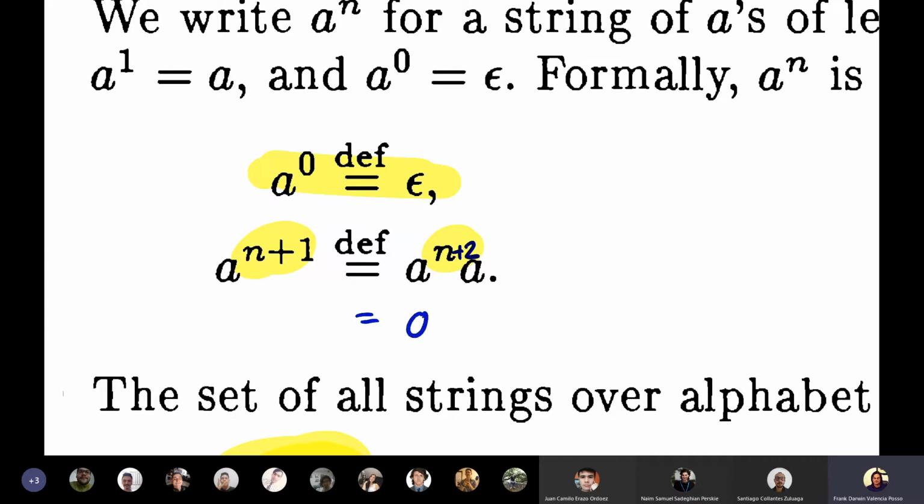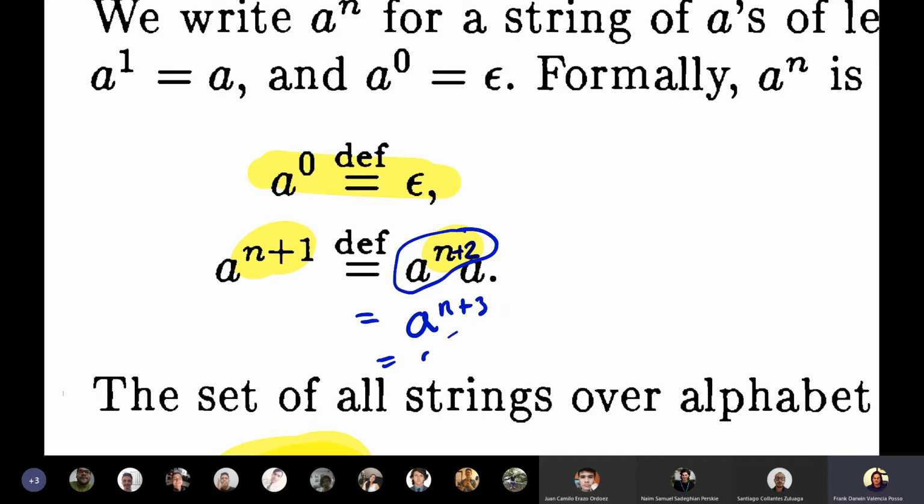So the problem is you keep rewriting this, then this will be n, so this one will be n plus 2, but you need to add another one, there will be n plus 3 A's, n plus 4 A's, and it will never end.